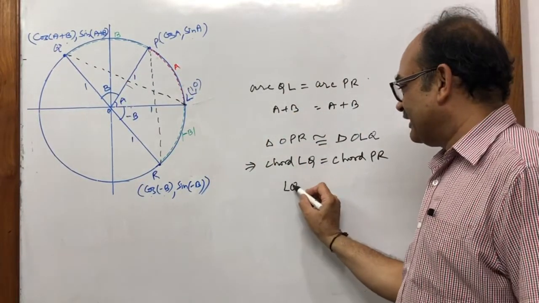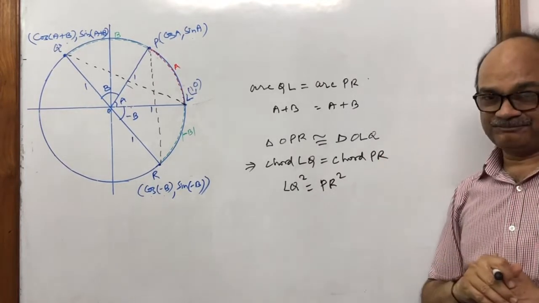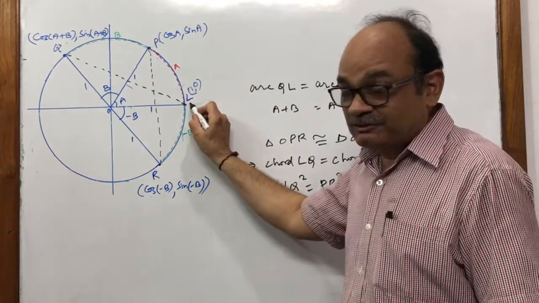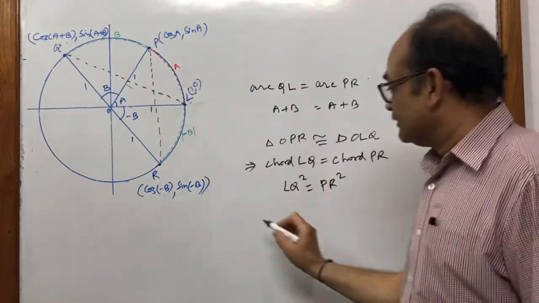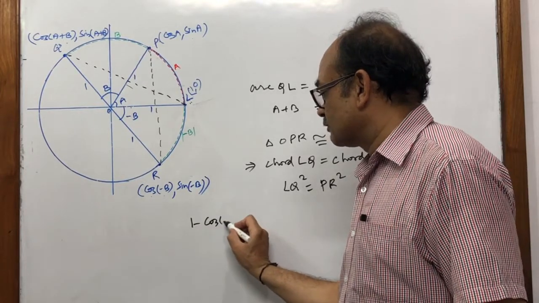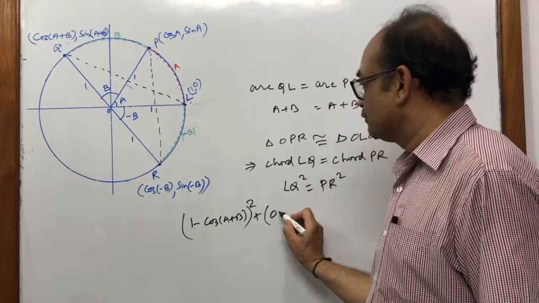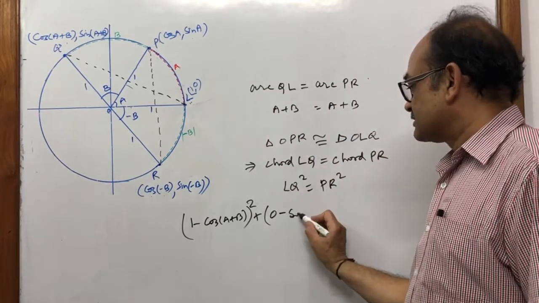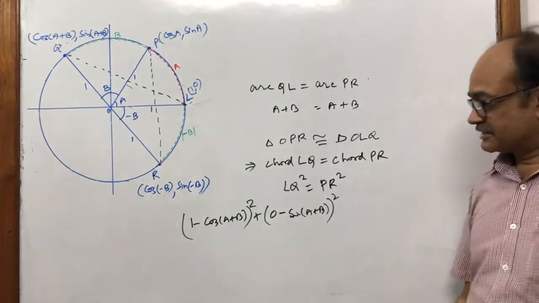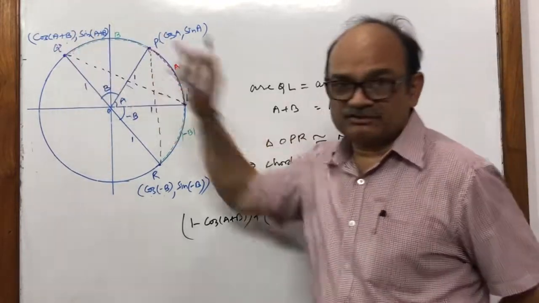And you know the distance formula from class 10th. If we write it, LQ square equals PR square. And what is LQ square? L coordinate is (1, 0). Q coordinate is here. So we can write it as (1 minus cos(A plus B)) whole square plus (0 minus sin(A plus B)) whole square. Simple distance formula, LQ, coordinate (1, 0) to this coordinate.